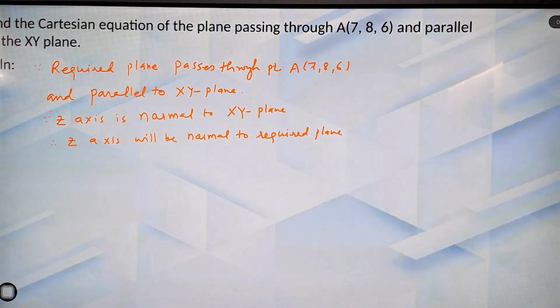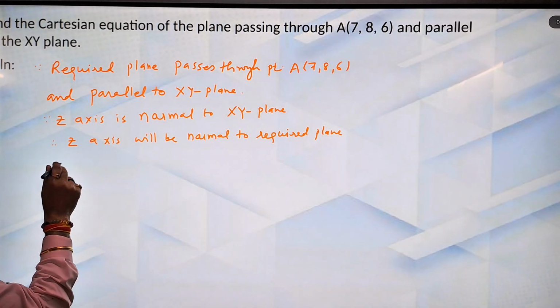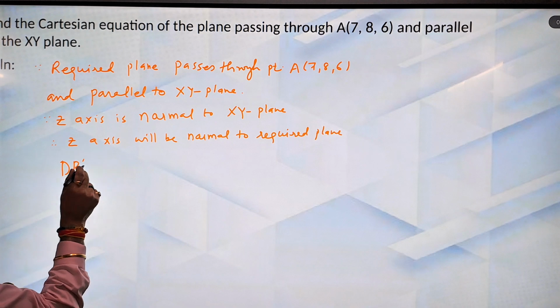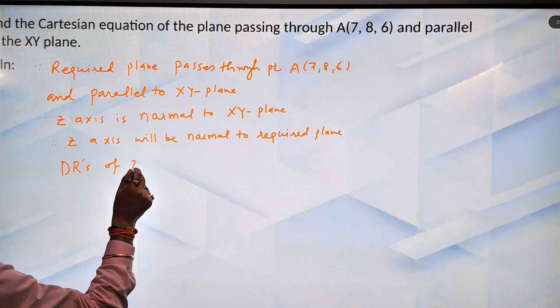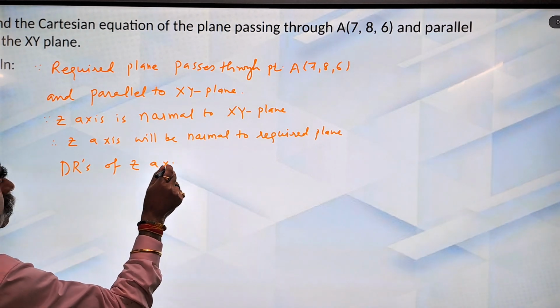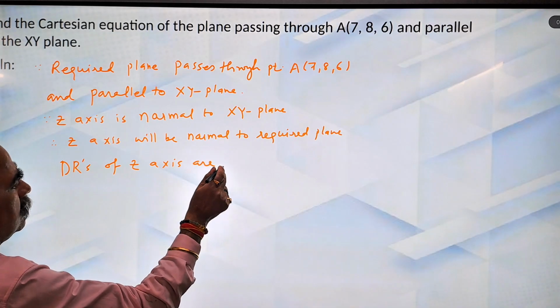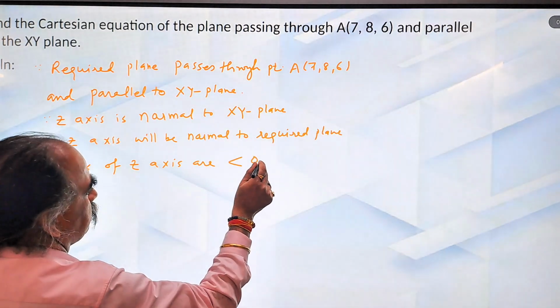The direction ratios of z-axis are 0, 0, 1.